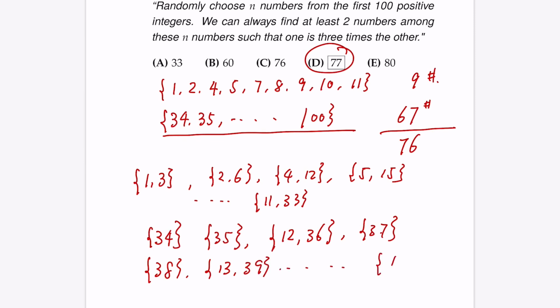And you know the pattern. The last one would be 100. There are altogether 76 sets. If you pick any 77 numbers, at least 2 of them have to belong to one set, and in that one set, one is 3 times the other. That concludes the proof of this problem. The answer is D.